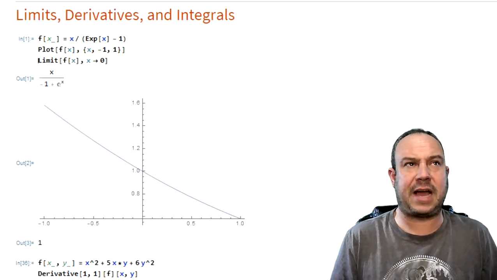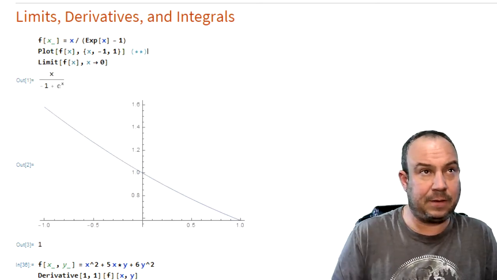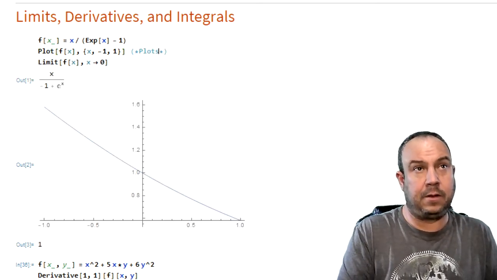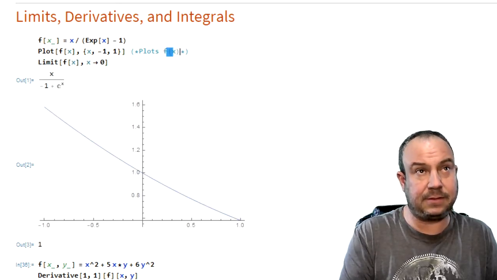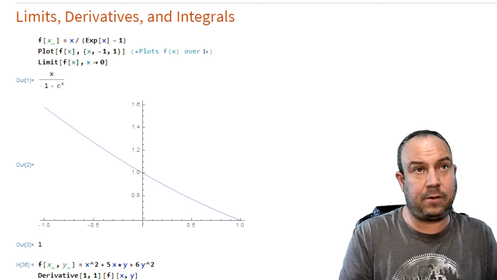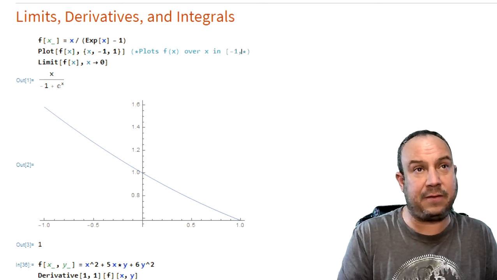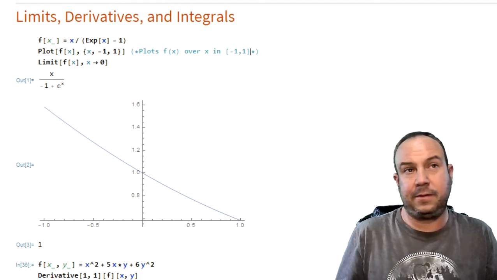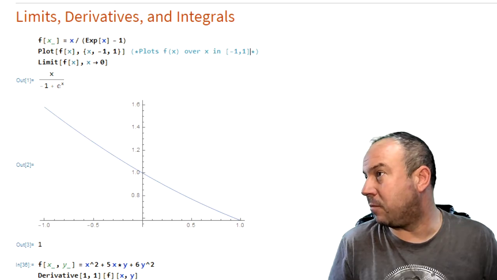So it is a way to document your work, right? You can come up here and say this plots f of x over x in the closed interval from -1 to 1. We can document that way in our programs.